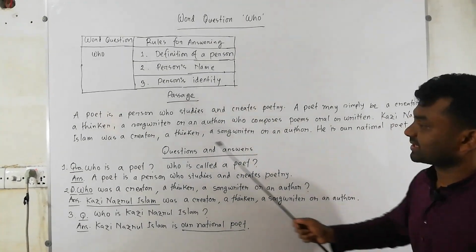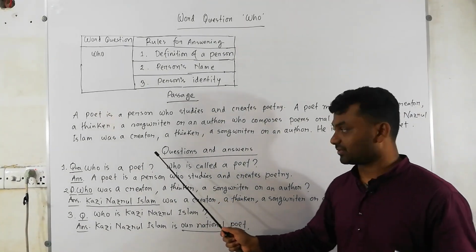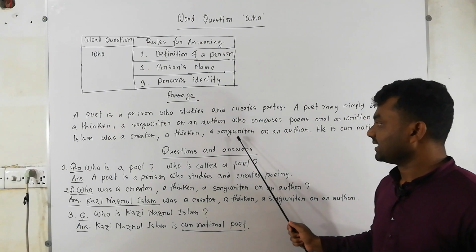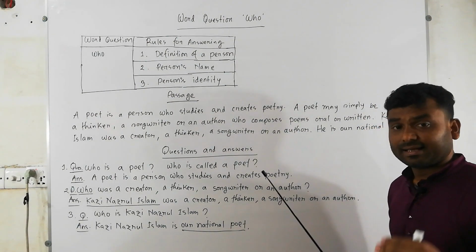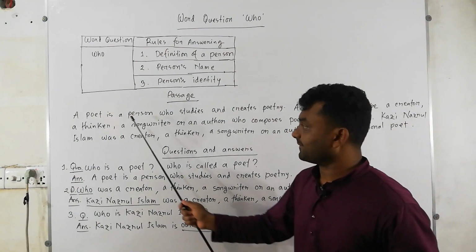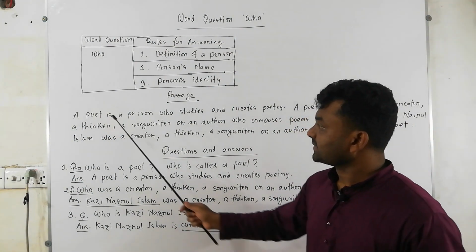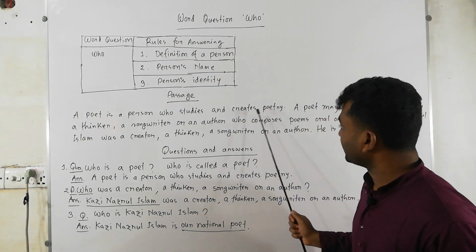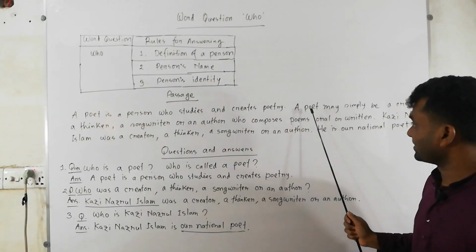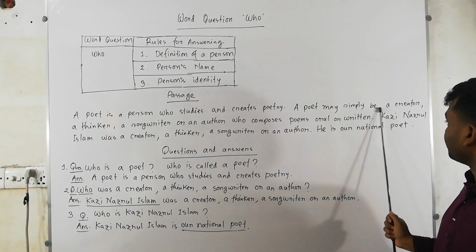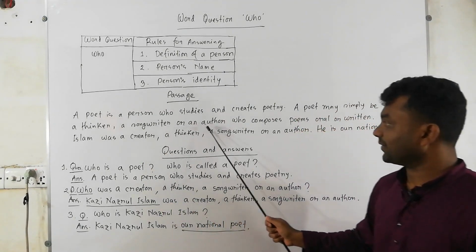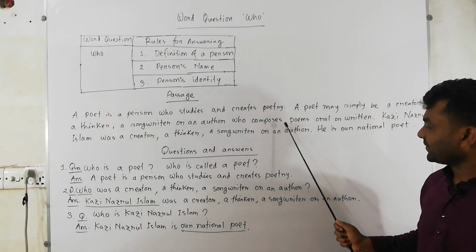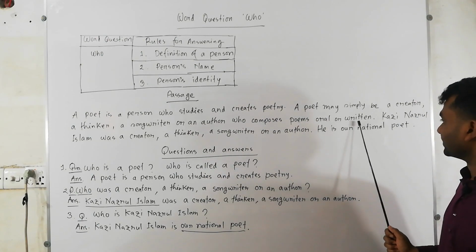Take a look back at the first sentence: a poet is a person who studies and creates poetry, and the next sentence: a poet may simply be a creator, a thinker, a songwriter, or an author who composes poems, oral or written.